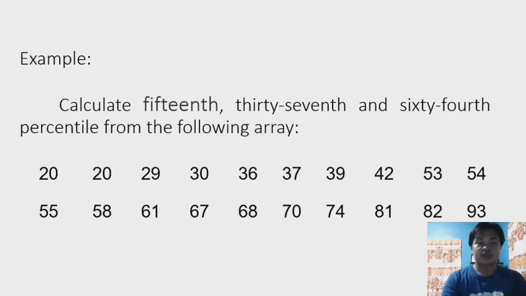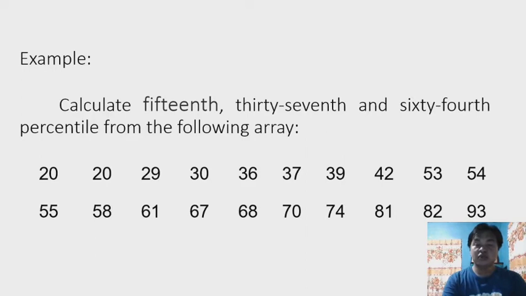We have 20, 20, 29, 30, 36, 37, 39, 42, 53, 54, 55, 58, 61, 67, 68, 70, 74, 81, 82, and 93.